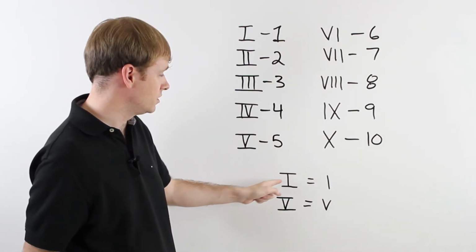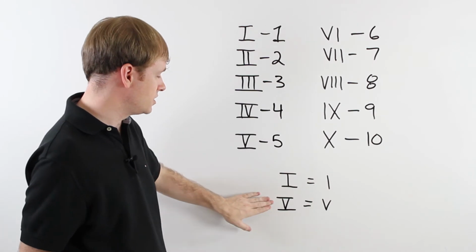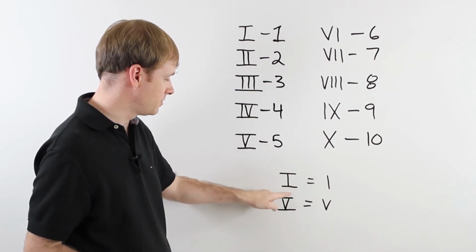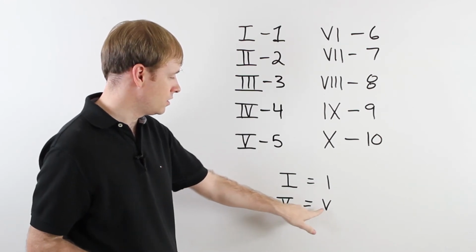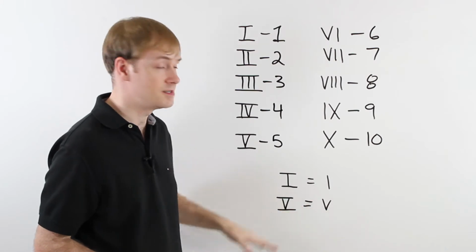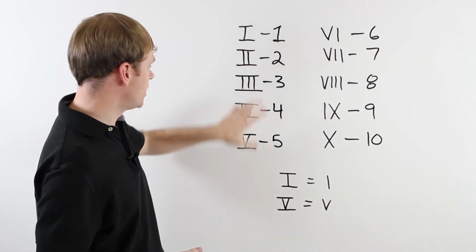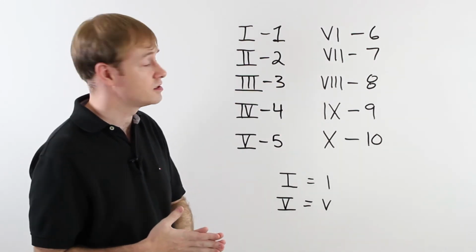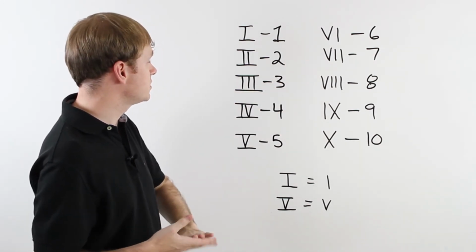So this is 1, and this is 1. You can see that again with 5. So you can write it with the lines at the top and the V, or no lines, just V. Again, they mean the same thing. So this side, I wrote the lines. This side, I didn't write the lines. It doesn't matter. All right, so let's continue.